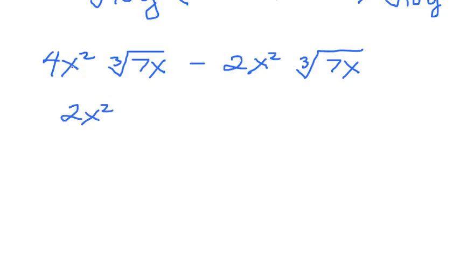We're able to do that because these x squared terms are like terms also, just like in the previous problem. And then of course we've got 3 roots of 7x as our final answer. You could also treat this by factoring out the 3 roots of 7x out of both terms and treat it just like we did up here, and of course we'd end up with the same answer.